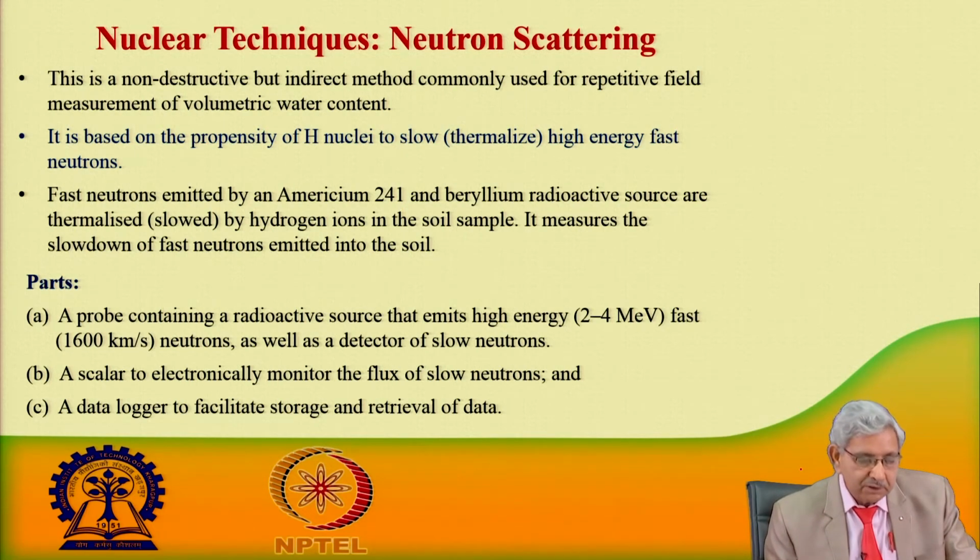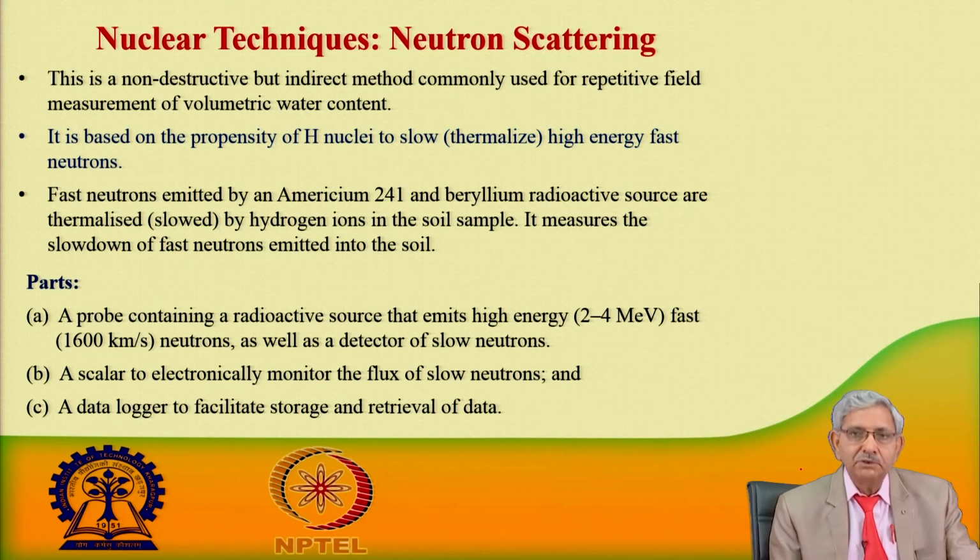It is a non-destructive indirect method, commonly used for repetitive field measurement of moisture content, and for the entire crop season observations can be taken. It is based on how much hydrogen nuclei, meaning water content, is available in the soil.